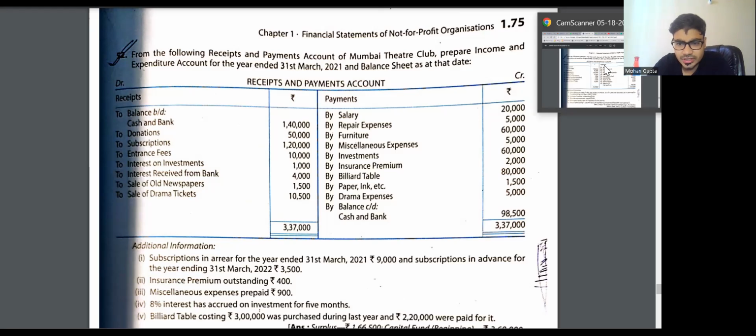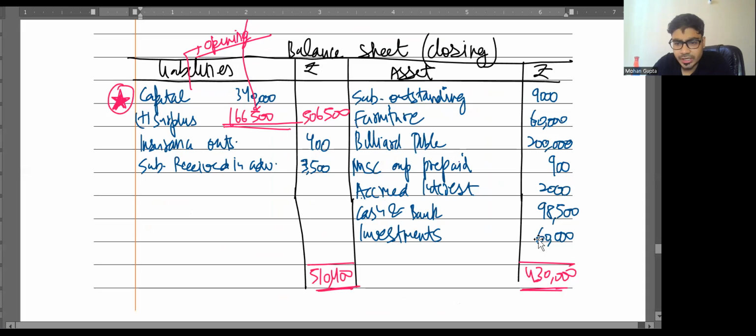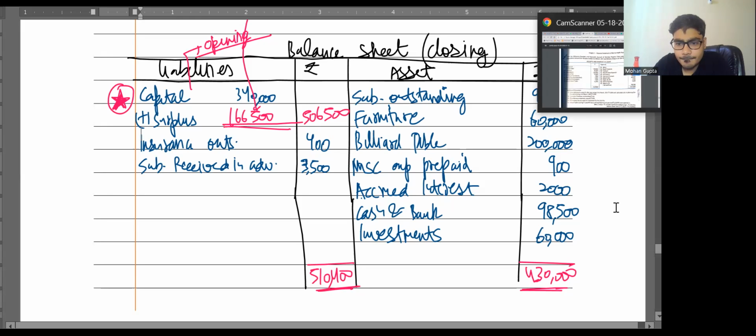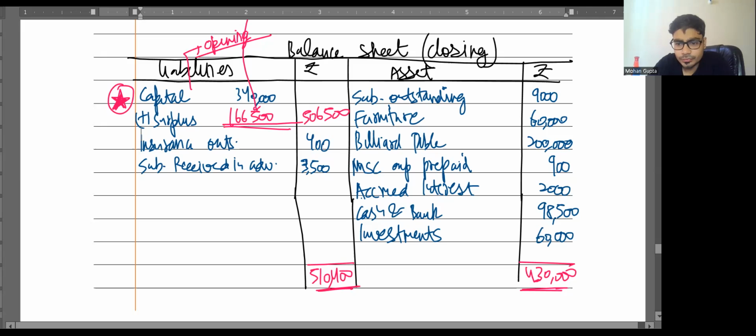It should not happen like this. We have written each and everything. Check once whether your amounts and mine are the same. Are our amounts the same? It's 4,30,400. Okay, okay. So the difference is exactly 80,000.